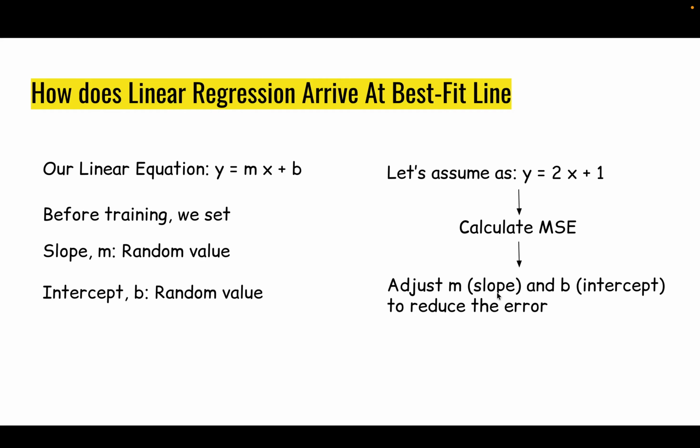When we say adjust slope and intercept, we basically mean we use gradient descent to arrive at adjusted values of slope and intercept. Let's assume we have already applied gradient descent and adjusted the slope and intercept. Now we repeat this continuously until we get the smallest possible error, which is the MSE.